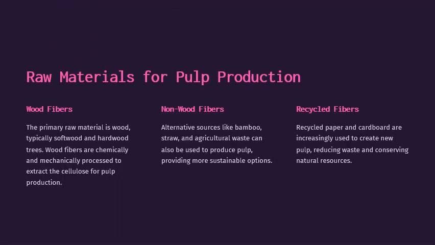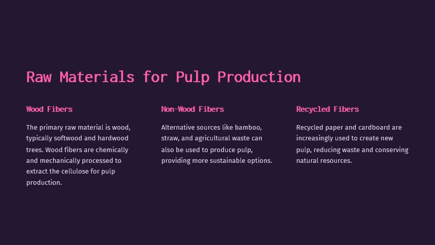So what are the raw materials for pulp production? We have wood fibers, non-wood fibers, and recycled fibers. In the wood fibers, the primary raw material is wood, typically softwood and hardwood trees. Wood fibers are chemically and mechanically processed to extract the cellulose for pulp production.